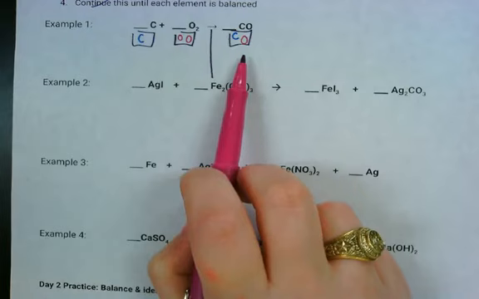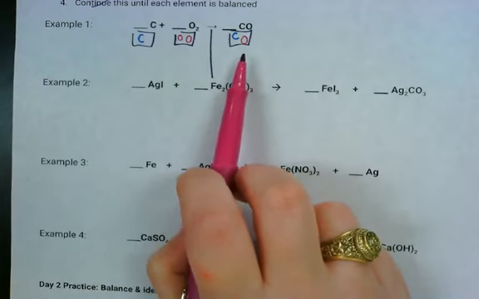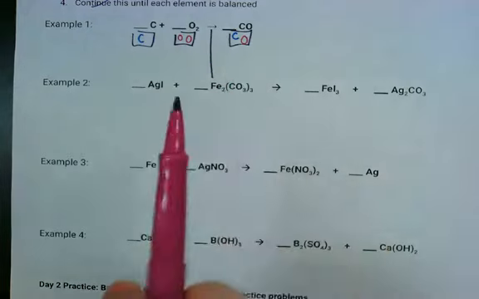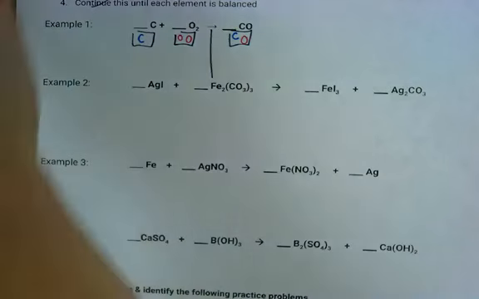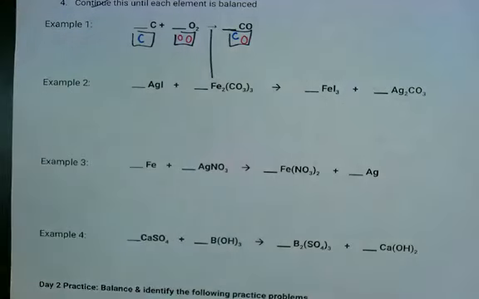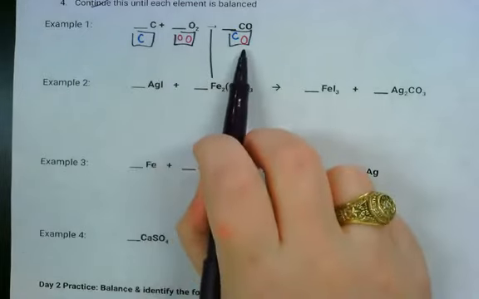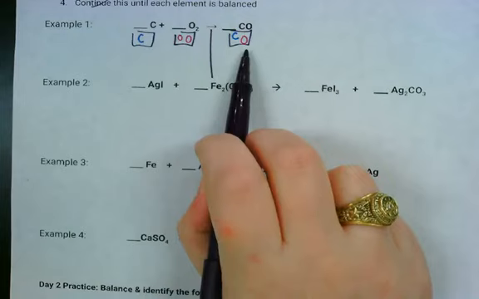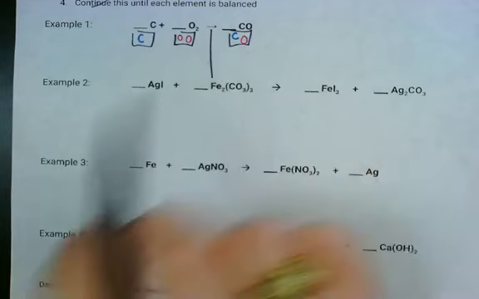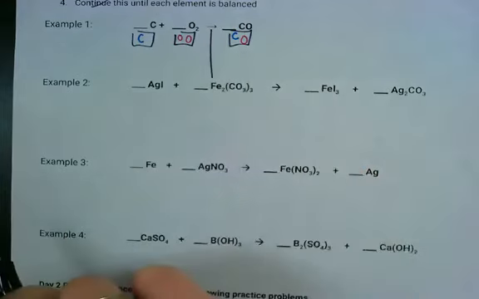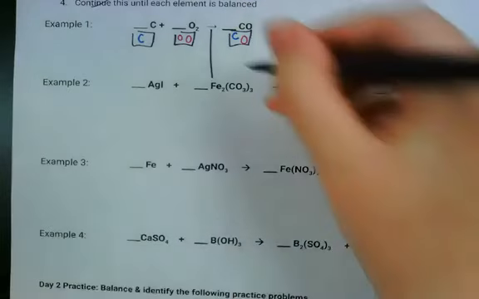So do we have the same number of oxygens on each side? No, we don't. Now, what's really nice about this box method is that you just have to think, okay, I have 2 over here, and I have 1 over here. So how many more O's do I need to add on this side to get them equal to each other? We just need 1, right?